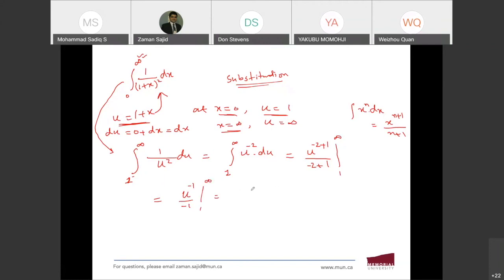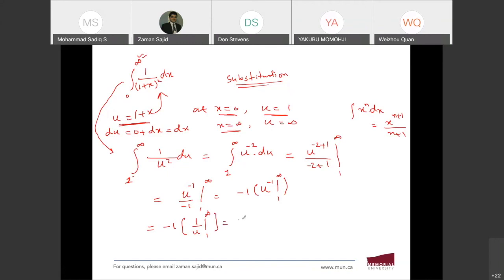This negative 1 can come out, and I still need to apply my limits, 1 to infinity. Now we just need to apply our limits here. This is, okay, let's do 1 over u, limit from 1 to infinity.